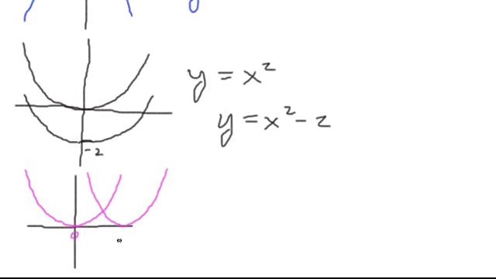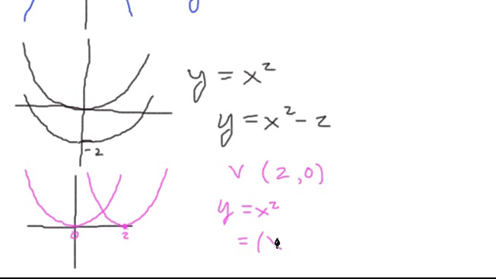Okay, so let's say that's 0 and that's 2. If I want to shift this graph over 2 units, now notice that the vertex right here, I'm going to write the vertex. The vertex is 2, 0. Okay, and the vertex here is 0, 0. If I want to shift the graph over 2 units, what I'm going to do here is we have y is equal to x squared.